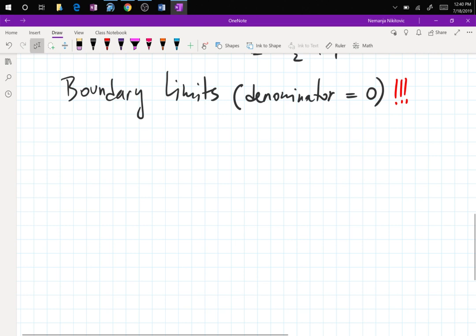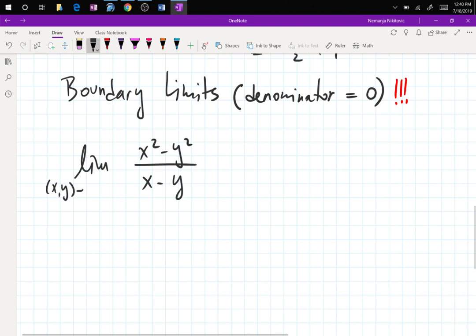So what would be an example of something like this? Say you have the limit of x squared minus y squared divided by x minus y, where x, y goes to, let's say, 1, 1. So your first instinct for limits should be to plug in, because if it works out, you're done, right? You plug x and y in, and if you get whatever number, you are done.